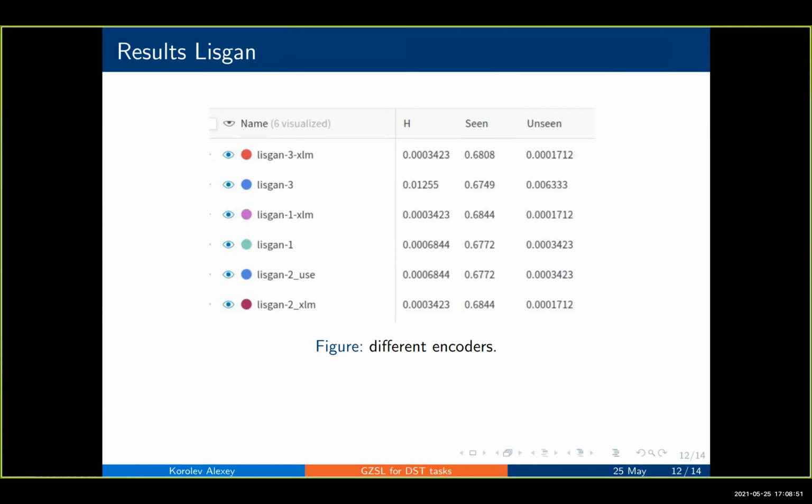So it's better to use a network based on a variational autoencoder.